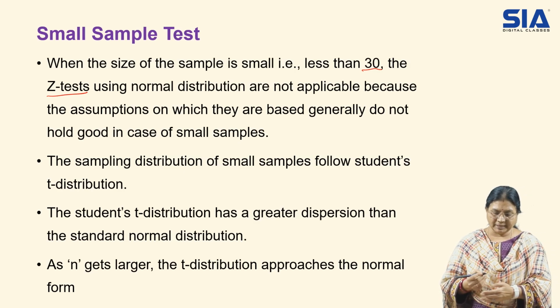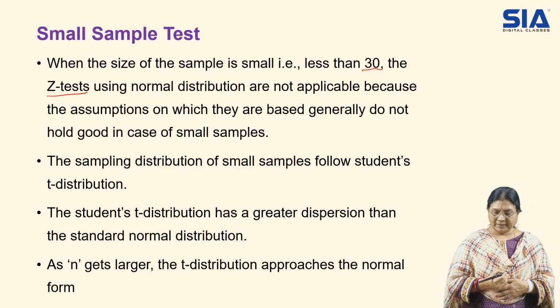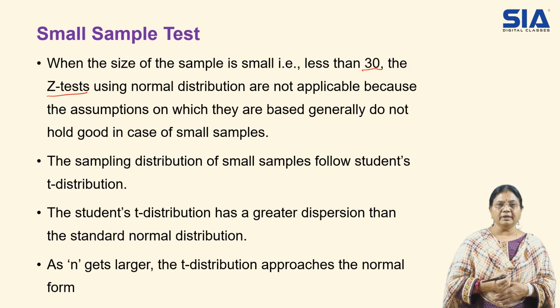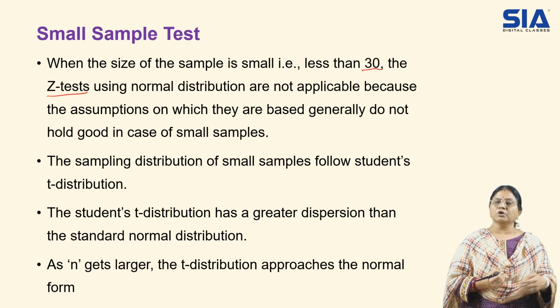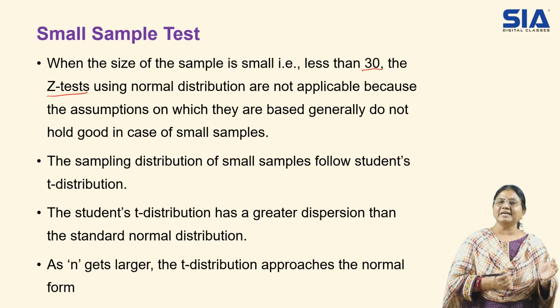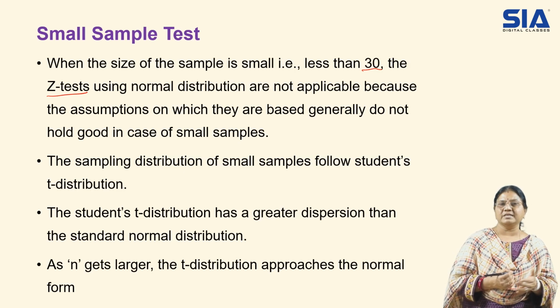Tests using the normal distribution are not applicable because the assumptions on which they are based do not hold good in the case of small samples. So when it is less than 30, which we call a small sample, z-test is not applicable, t-test is applicable.